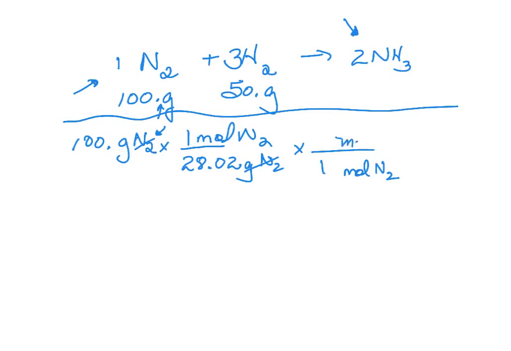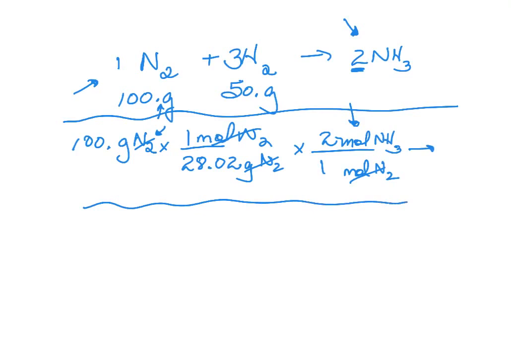And I'm trying to get to the product, which is NH3, and there's a 2 in the balanced reaction with that. So if I were to stop now, I can stop now. 2 moles of NH3. You could take it to grams if you want to, but it's a little bit less work to stop at moles.